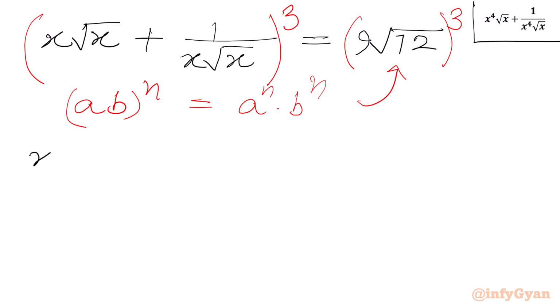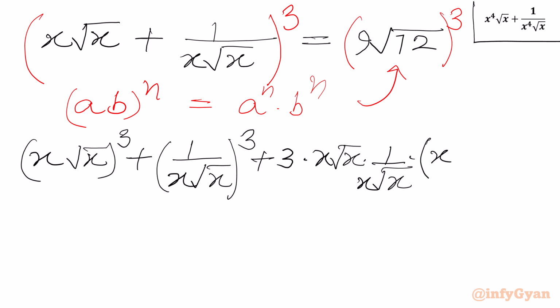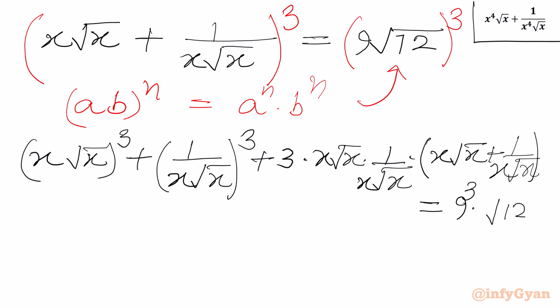So let's apply x root x whole cube plus 1 over x root x whole cube plus 3 times x root x times 1 over x root x times, in the bracket, x root x plus 1 over x root x, and in RHS we will write 9 cube times square root 12 whole cube.